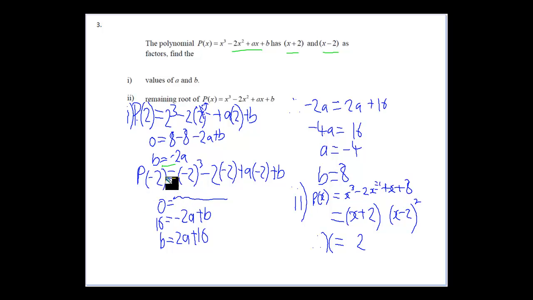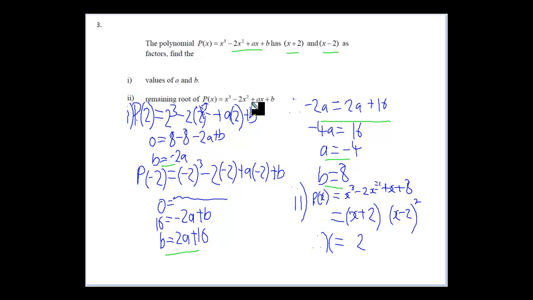We do the same with p of minus 2: we substitute minus 2, set it equal to 0, and get down to b is equal to 2a plus 16. Because they're both equal to b, minus 2a would equal 2a plus 16. We solve for a, we get a is equal to minus 4, and then do the substitution back to get b is equal to 8.